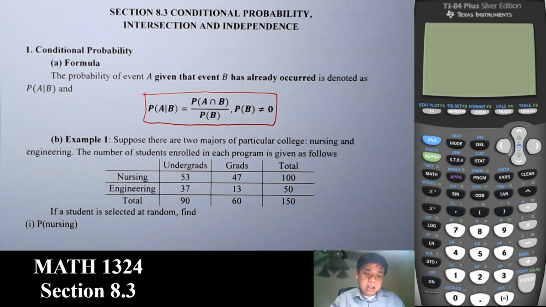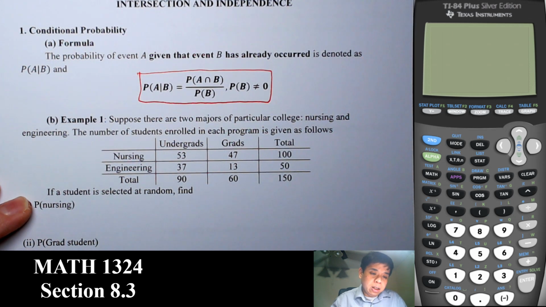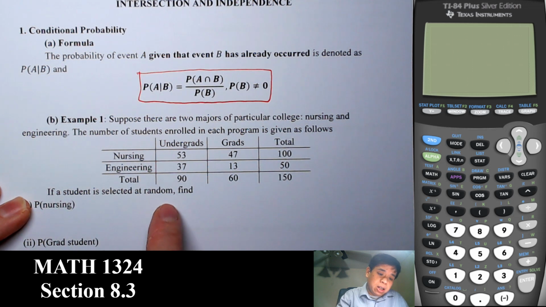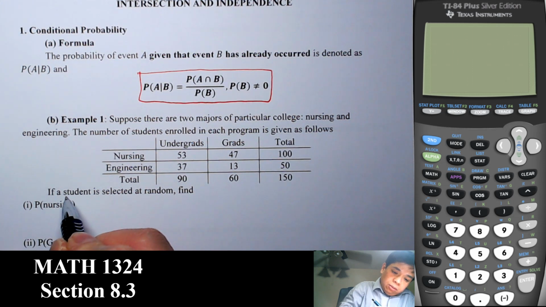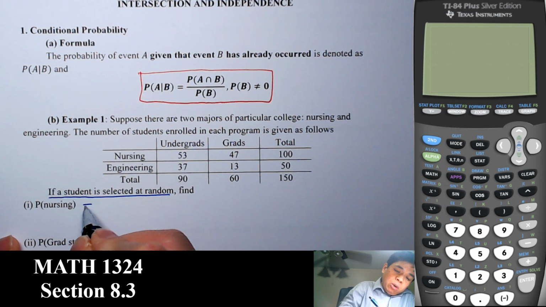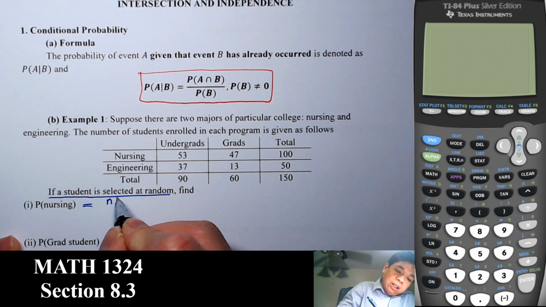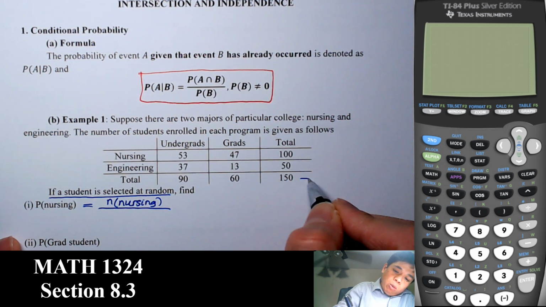If a student is selected at random, find the probability of nursing. So if one student is selected at random, for the probability of nursing, we just count how many we have in nursing over how many we have in the sample space of 150.